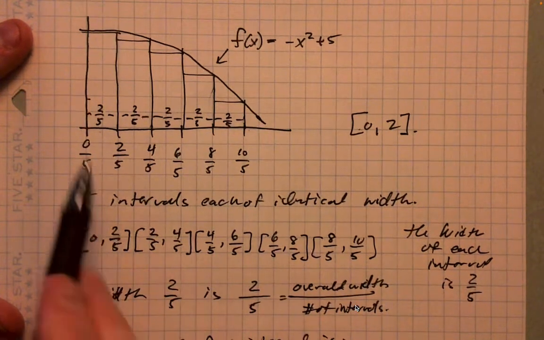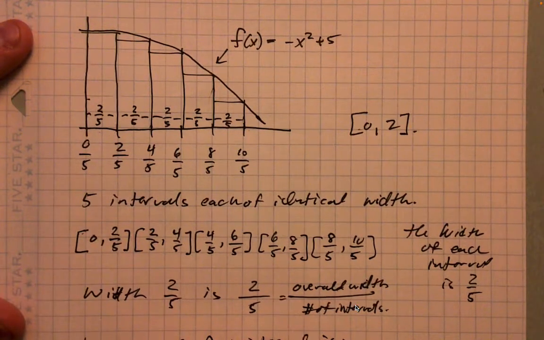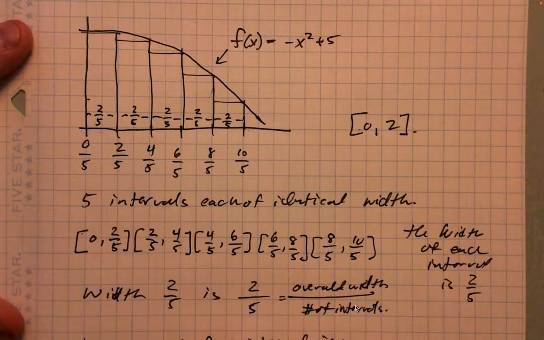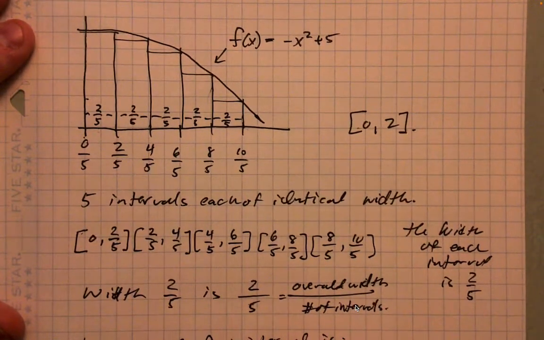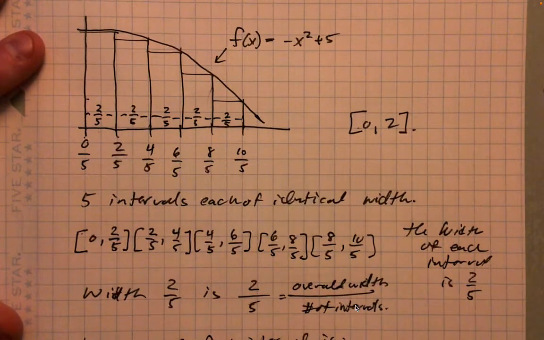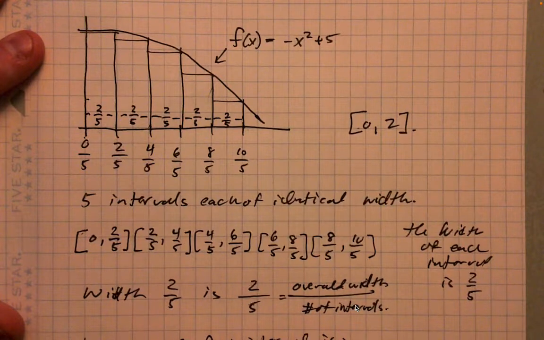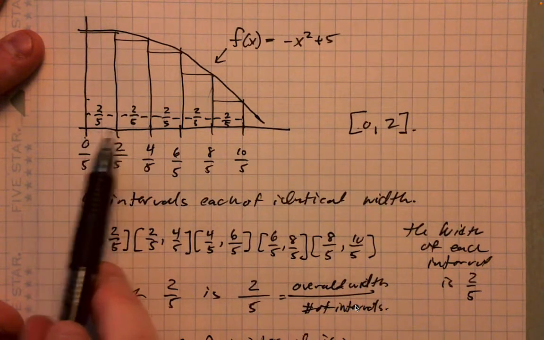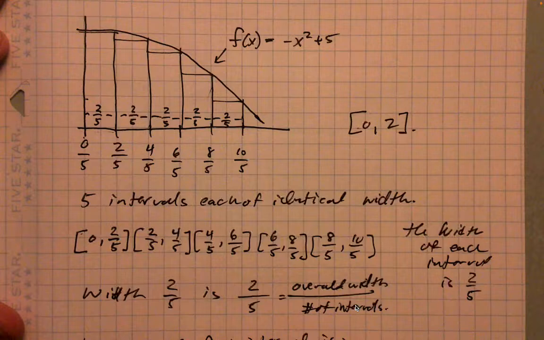So for example, the height of the first interval: if you use the right-hand side, you would get f of 2/5, which would be negative 2/5 squared plus 5, whatever that happens to be. If you use the left-hand side, the left-hand side of this first interval is 0, so you'd identify it as f of 0.